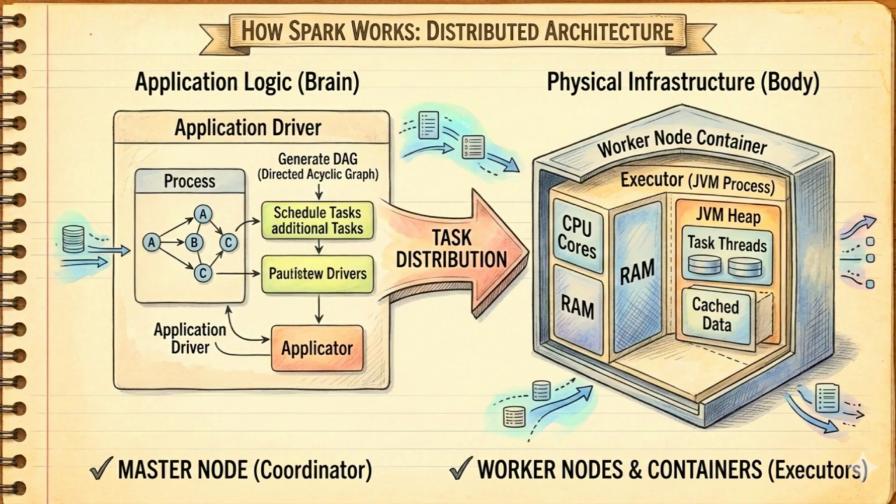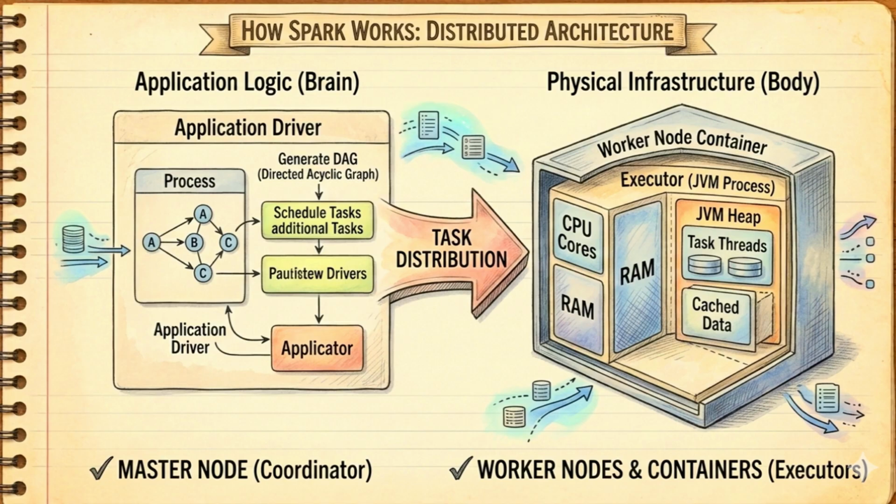On the infrastructure side, these tasks run inside executors, which are processes running on worker machines. Each executor has access to computing resources such as CPU cores. Inside each executor, multiple tasks can run simultaneously using threads. The executor also maintains a memory area known as the JVM heap, where intermediate data and cached datasets can be stored.